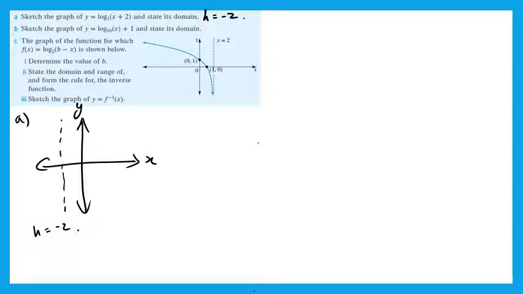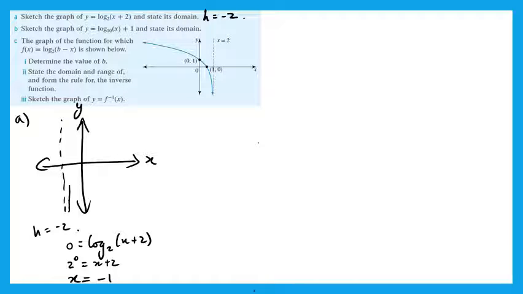Then now we need to solve for the x-intercept. So 0 equals log 2 of (x plus 2). Remember, you need to rewrite this in terms of an exponential. So 2 to the power 0 equals x plus 2. Remember 2 to the power 0 is a 1. So we have x equals negative 1.